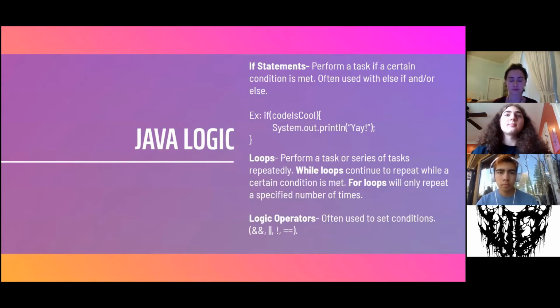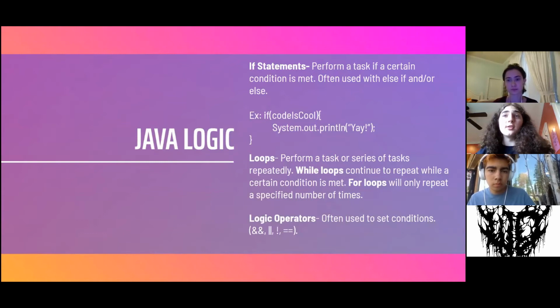The example I have is if codeIsCool. When you put just the Boolean variable name, it's asking if that Boolean is true. So if codeIsCool is true, then System.out.print yay. If the Boolean value codeIsCool equals true, then it'll print that out.